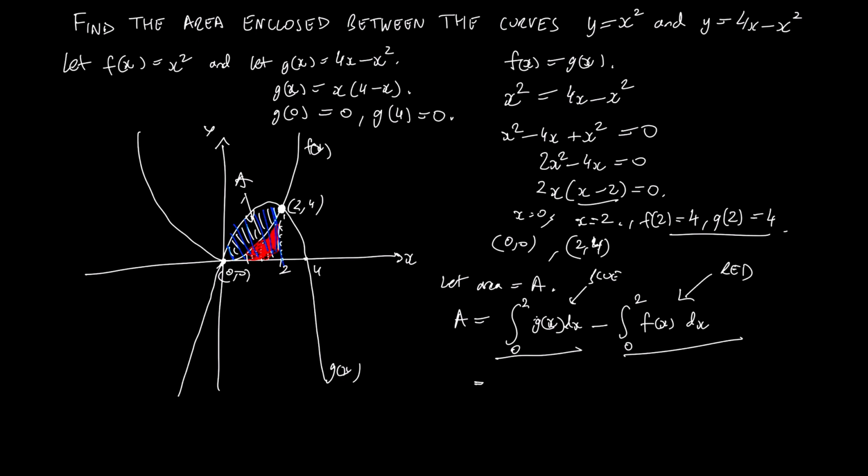And we can even rewrite it as, now expanding, we get the integral of 4x minus x squared minus x squared dx, which equals the integral of 4x minus 2x squared dx. Moving on to the next page, we get the same thing.